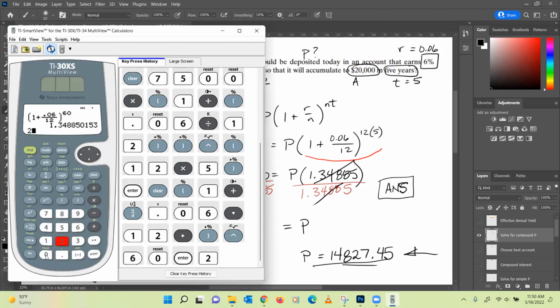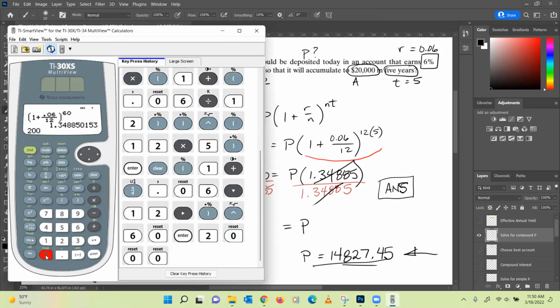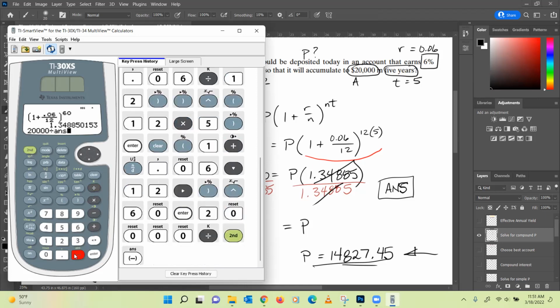So now I'm going to enter 20,000. And I'm going to divide that by that ANS. Now that's in the green, so I need to hit second. And then I can hit that, and you can see it's 20,000 divided by the previous answer. And there's the $14,827 and 44 cents. But again, we're solving for P, so I had to round it up to 45, even though the rules of rounding would suggest I needed to round down.